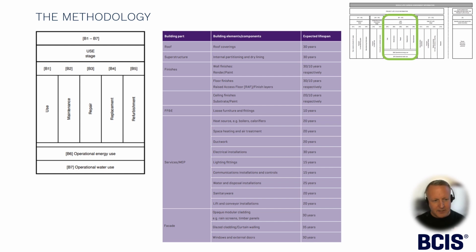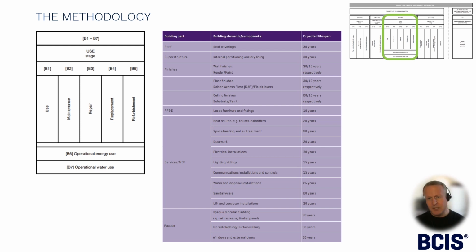And that's the kind of thinking that you need to go through for each component that you're using. How frequently do you need to maintain it? What do you need to do to maintain it? What's involved in that maintenance activity? How long before you have to replace it? What's involved in stripping that thing out and putting a new thing in? All of that thinking needs to be done in order to understand the use stage of the construction components.